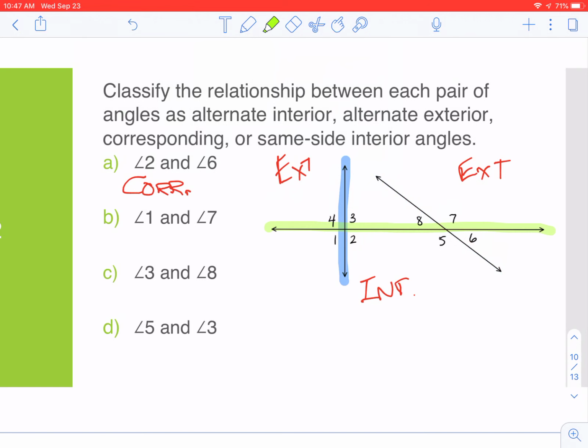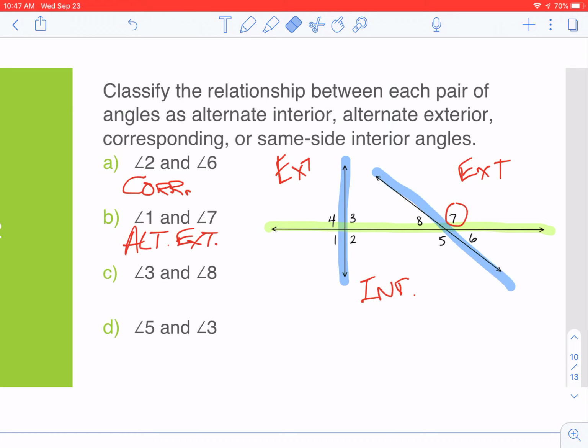Then 1 and 7. So let's circle 1 and let's circle 7. They are both exterior angles and they are alternating. They're on opposite sides. So alternate exterior.